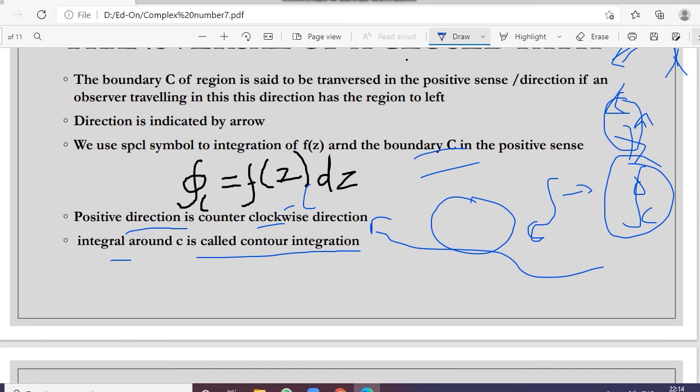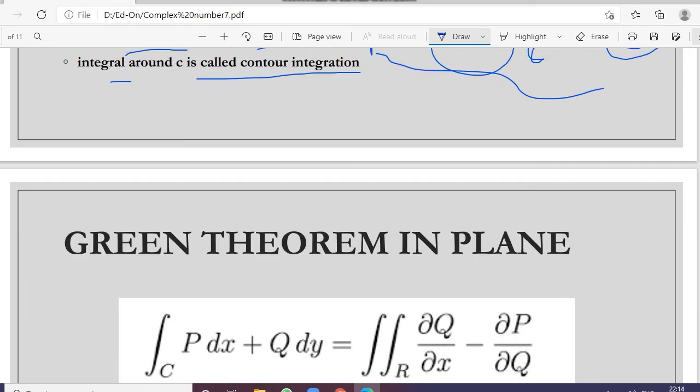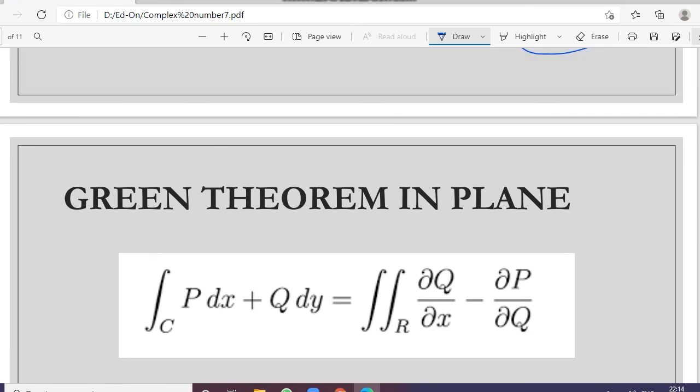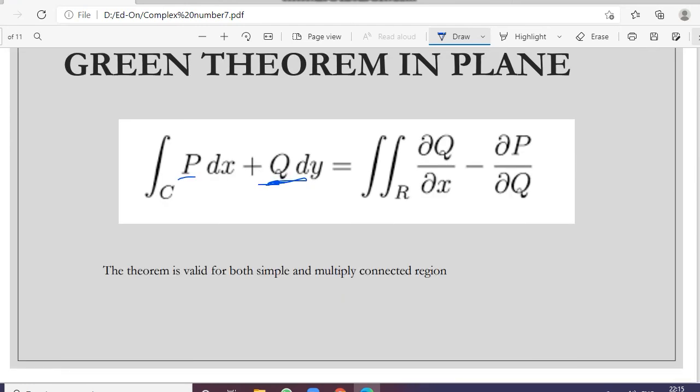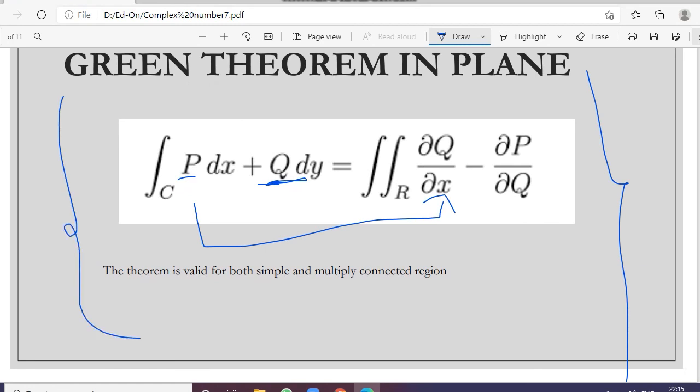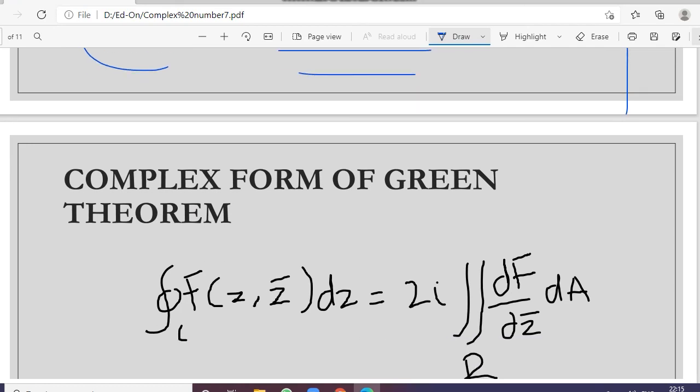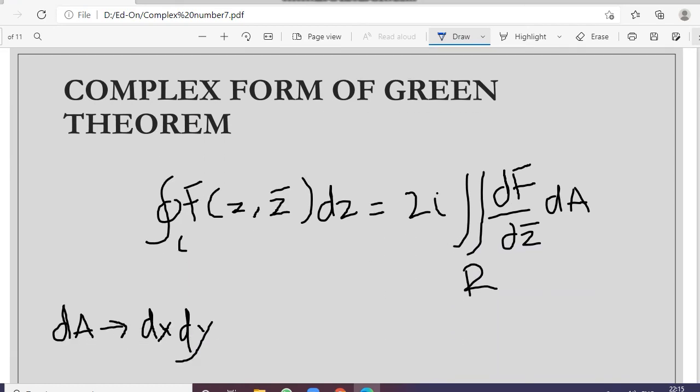Now Green's theorem in a plane. Green's theorem says that if there are two functions P and Q, then a single integral is converted into a double integral. We all know Green's theorem in the plane. We just take a reference with respect to complex numbers. The complex form of Green's theorem becomes like this. Suppose we have a function of f(z) or z conjugate.